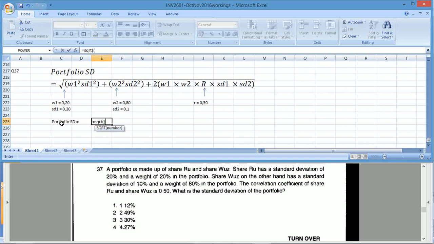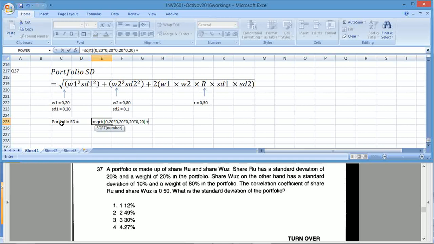Then I need to multiply this. Okay, so W1 squared is 0.20 times 0.20. Okay, and then multiply that by SD1 squared, which is 0.20 times 0.20.